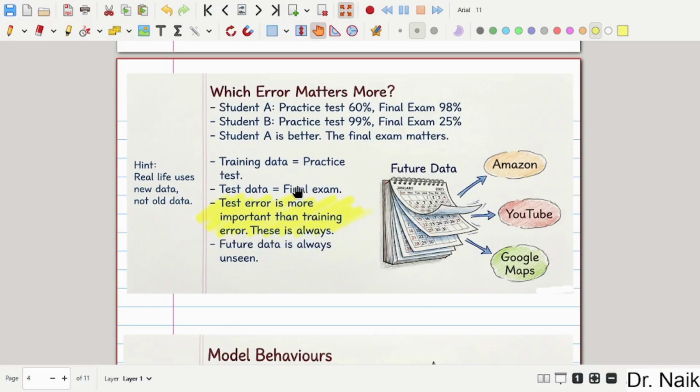Similarly, consider the training data as the practice test and the test data as the final exam. Test error is more important than training error. Consider that Amazon, YouTube, and Google Maps depend on future data, which is always unseen data.